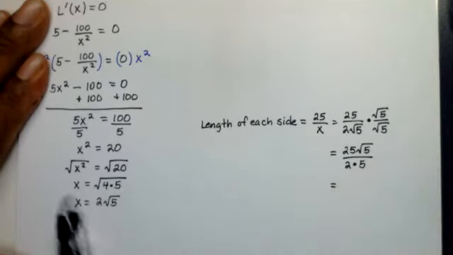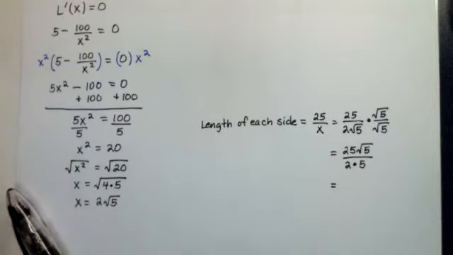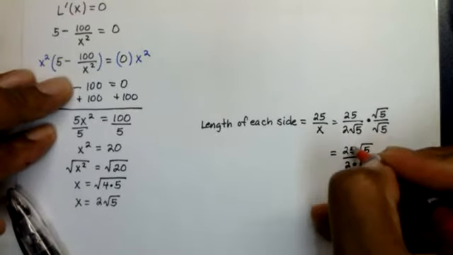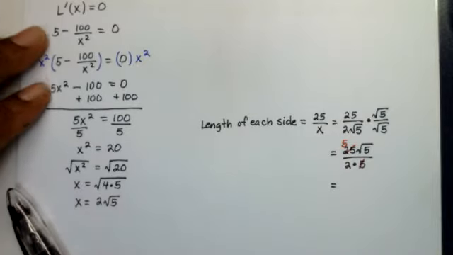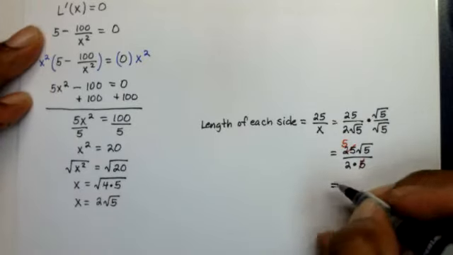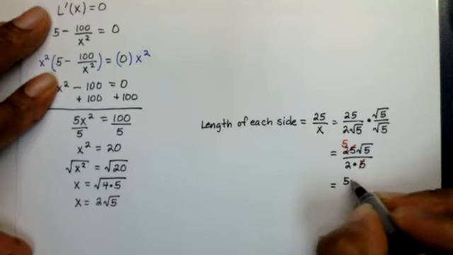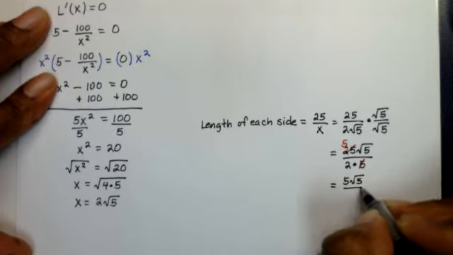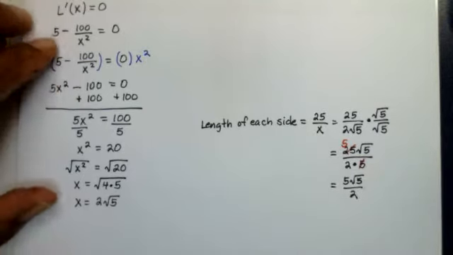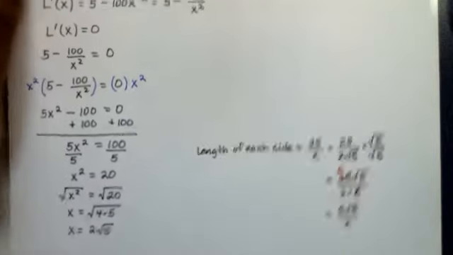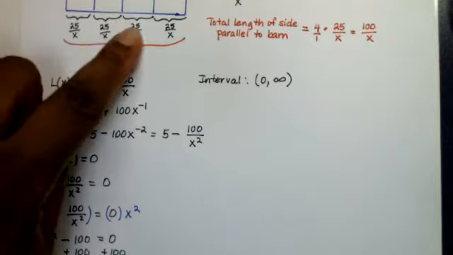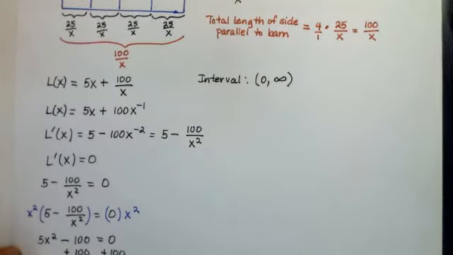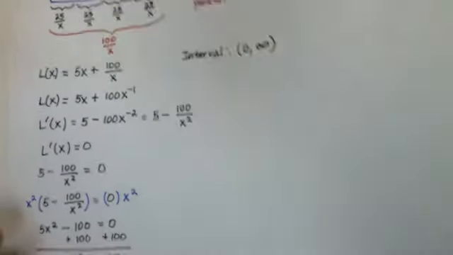All right, so now let's simplify this a bit. Well, I know this 5 goes into this 25 5 times. So I'm going to end up with 5 square roots of 5 over 2. That represents the length. I need to bring this back down here. The length of each of these sides here is 5 square roots of 5 over 2.